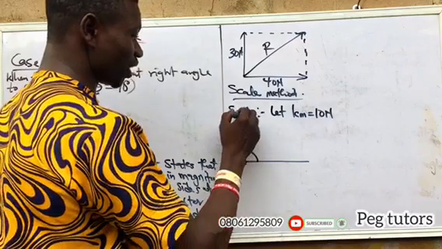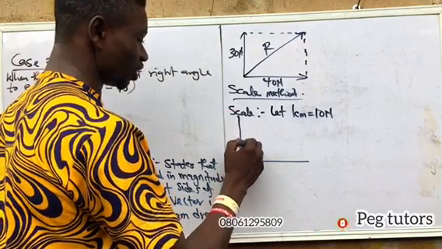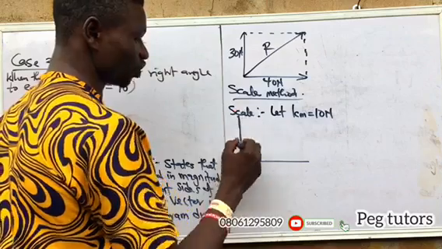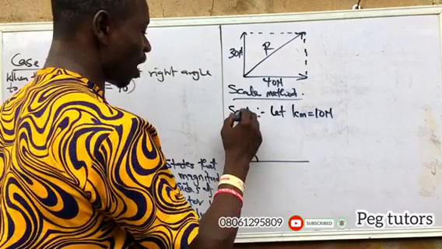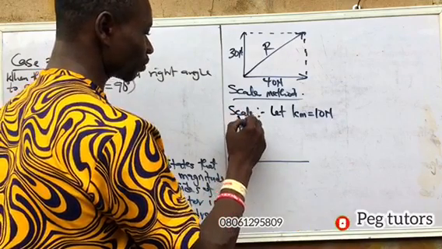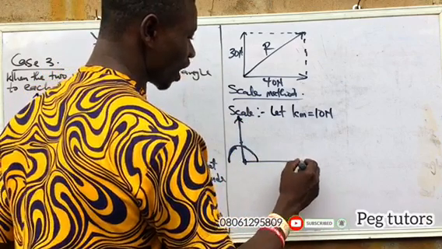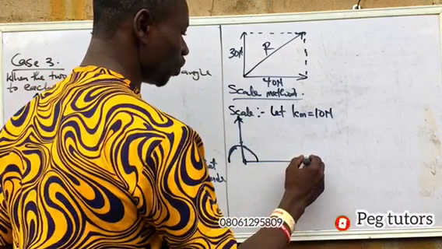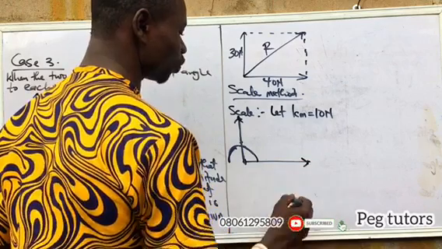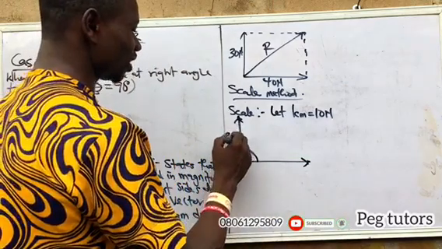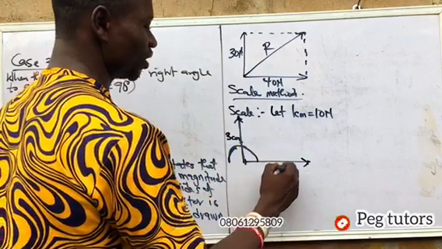After marking it out, you can now use a ruler to draw this line to meet with the point you have drawn. Then on this line, mark out your 3 centimeters and put your arrow. On this line as well, mark out your 4 centimeters and put your arrow. So this is 3 cm and this is 4 cm.